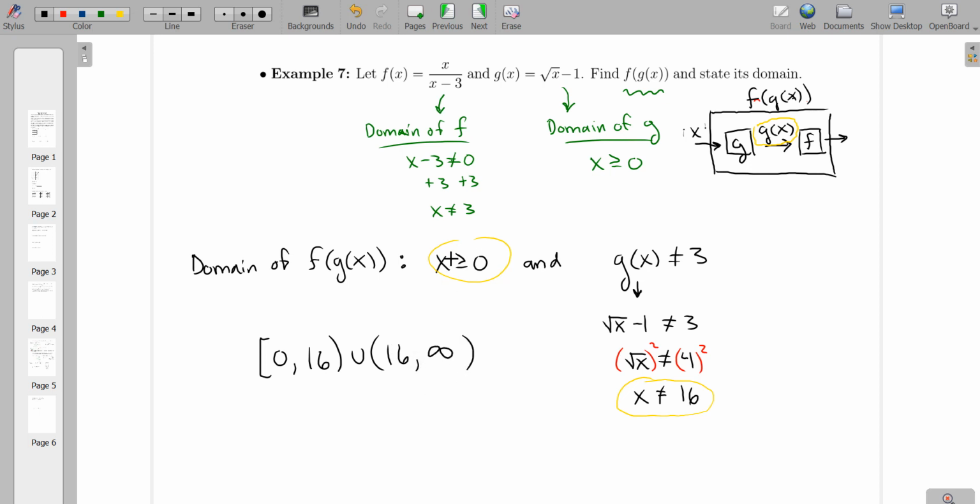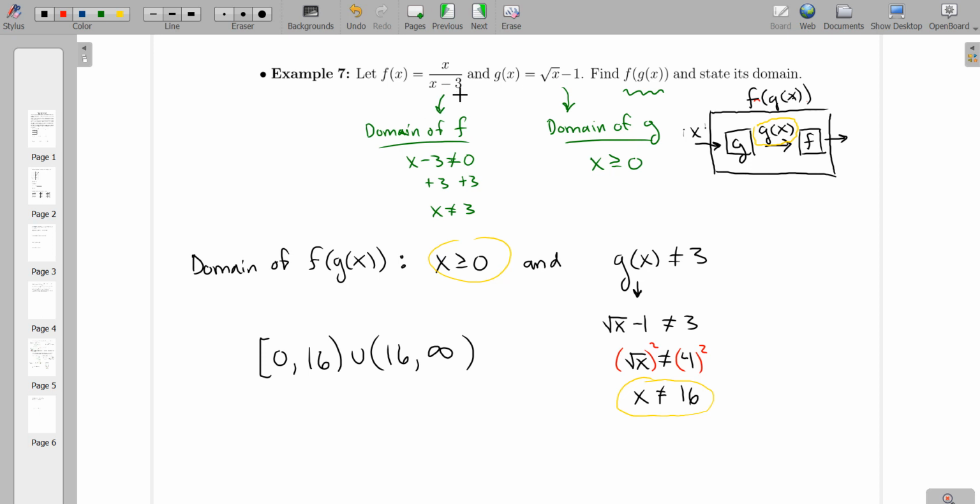So we can see x is greater than or equal to 0, and then everything above 0 is okay, except for that number 16 because of what we discovered here. Okay, so keeping this diagram in mind I think is really helpful, right? Sending it into g first, so use its domain, then make sure that g of x is not causing problems with f, right? By making sure it's not equal to 3. That's just the domain part.